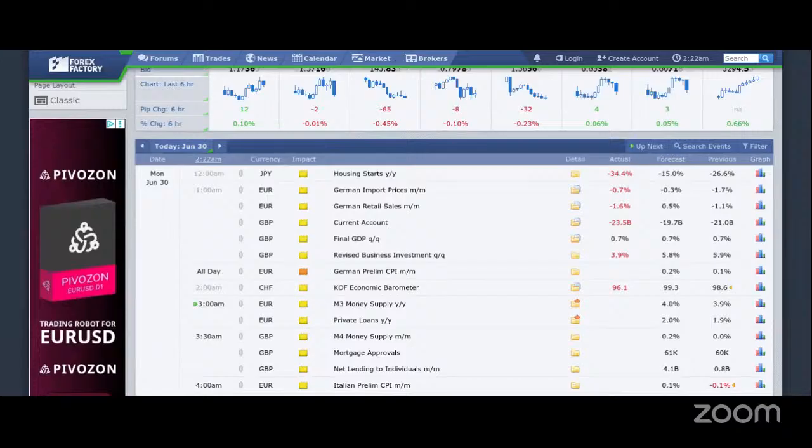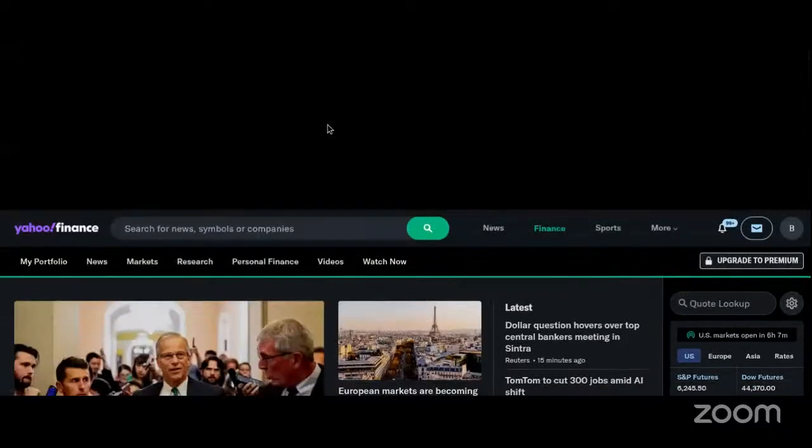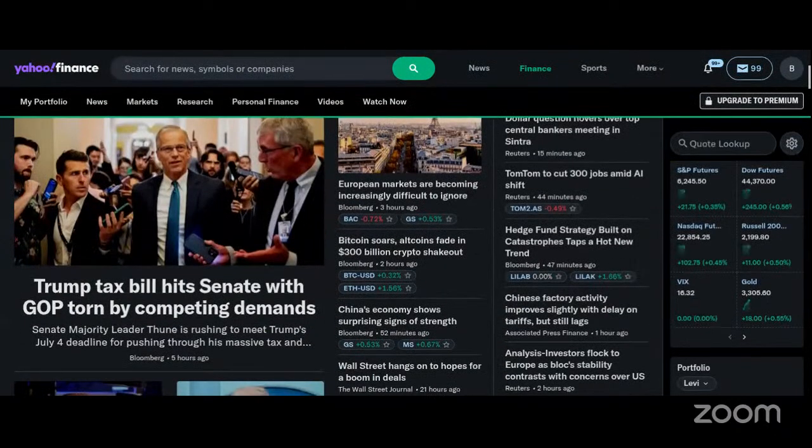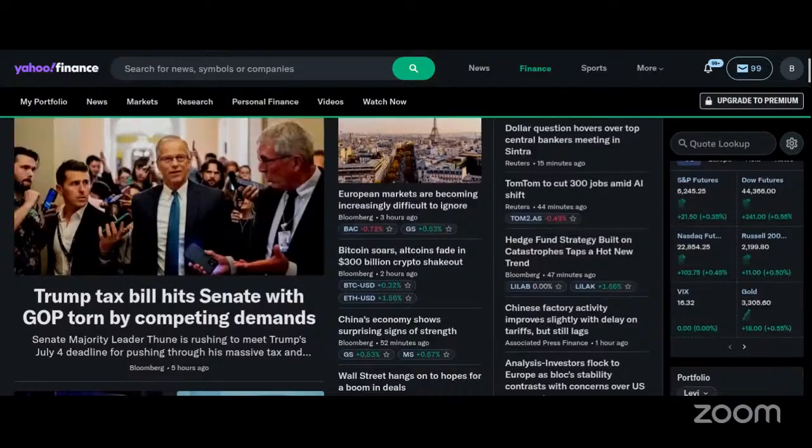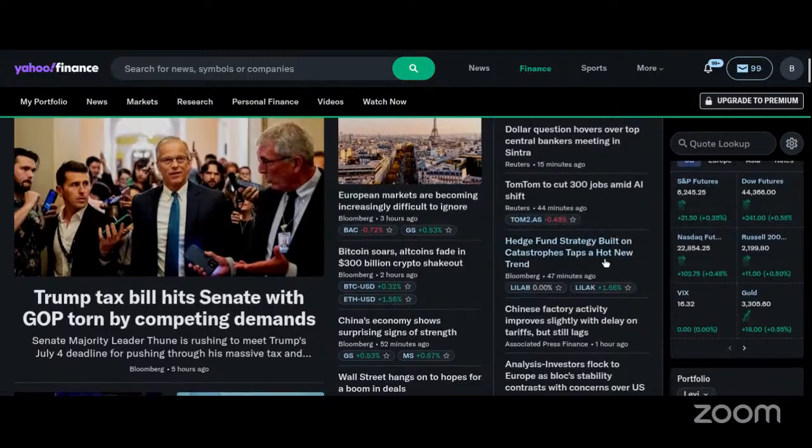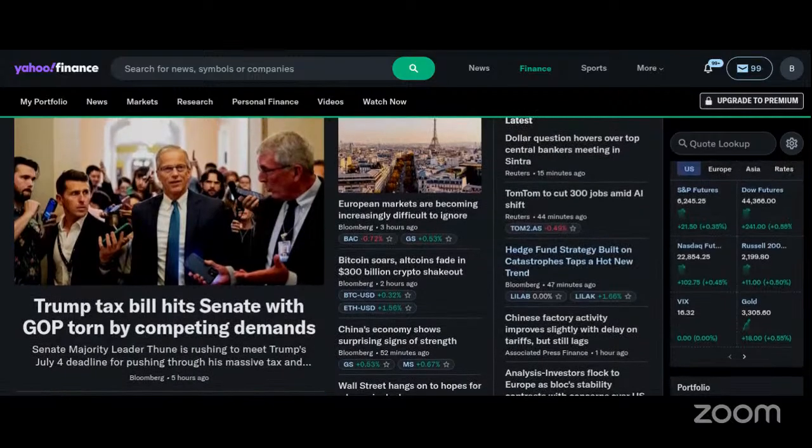Let's see if we got anything else that's interesting here. So it looks like futures on the US 30, the S&P 500, and the NASDAQ are all up.